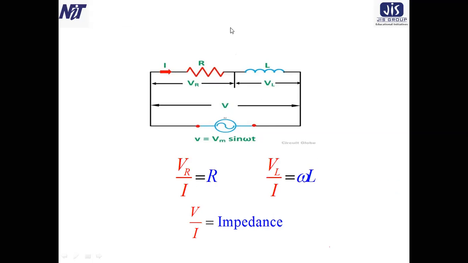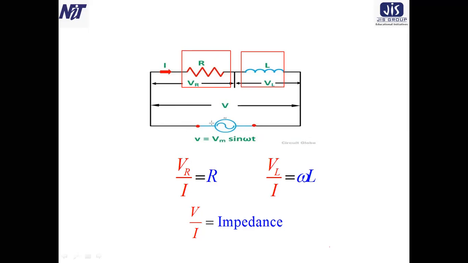Now, for this circuit, try to understand what this is. Here in this circuit, we have both resistance and inductance. This is the resistance, this is the inductance. So what is R?